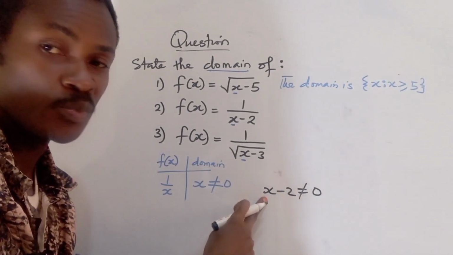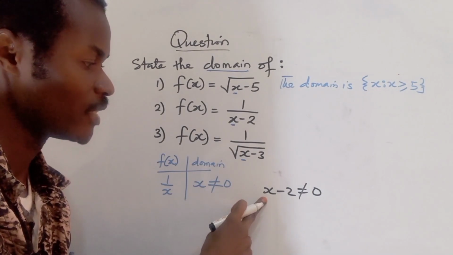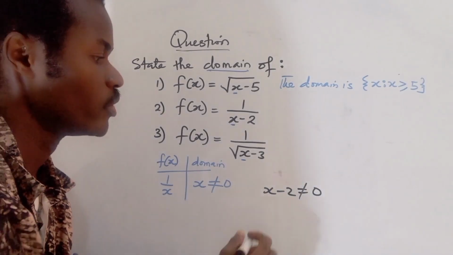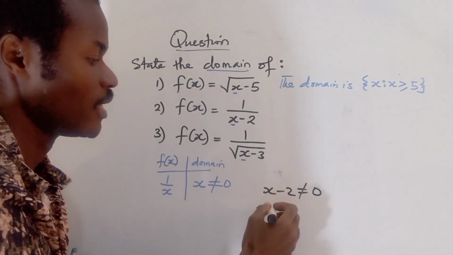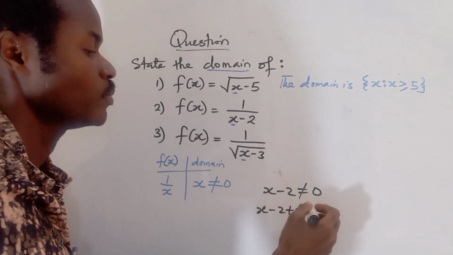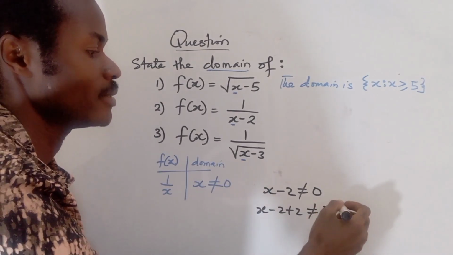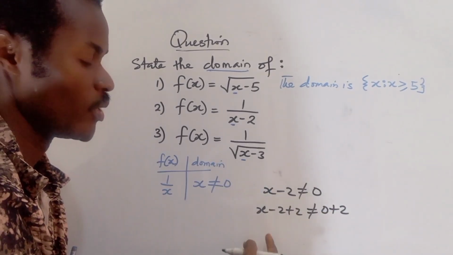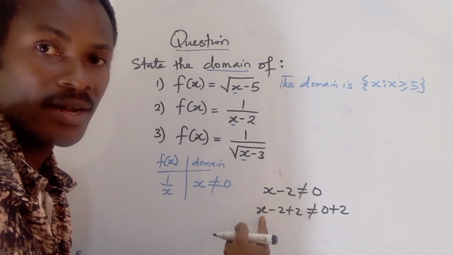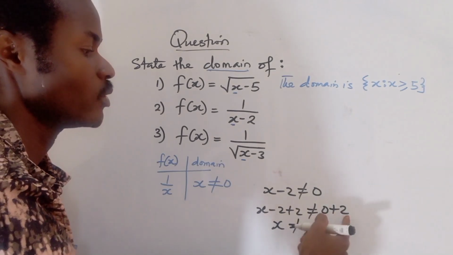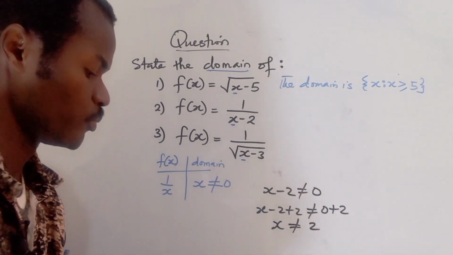So I want to know the sets of values of x for which this relationship is not equal to 0. So all I'm going to do is say x minus 2 plus 2 is not equal to 0 plus 2, since we added 2 to both sides to find x. So x is not equal to 0 plus 2, which is equal to 2.